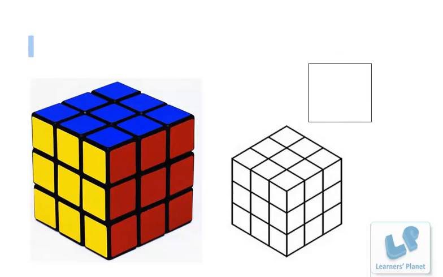Then a line that should be around 45 degree from this. Okay, so I just draw that. The second line that is parallel to this, join them.